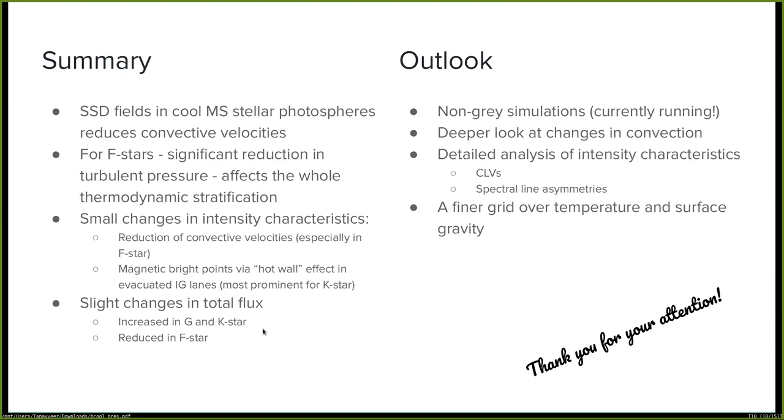It would be interesting to look at the changes in convection in more detail, look at the entropy profile, see how that changes and how to interpret those changes. And in terms of intensity, looking at center-to-limb variation and spectral line asymmetries would be the next step in my project. Eventually, I want to construct a finer grid over temperature and surface gravity for small scale dynamo in cool main sequence stars. Thank you.